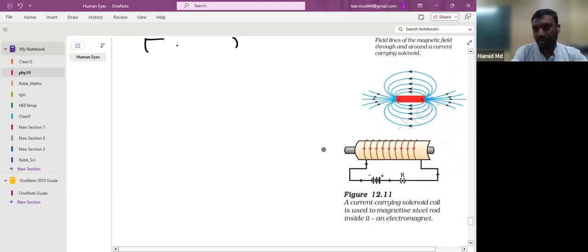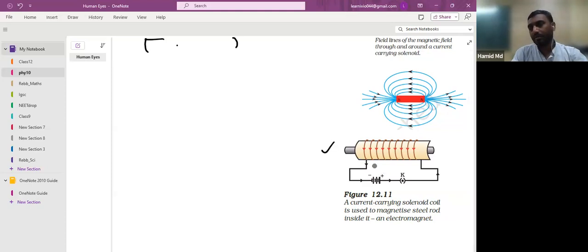So finally, this type of arrangement is called what? Solenoids. We are seeing that this end is being connected to the battery.